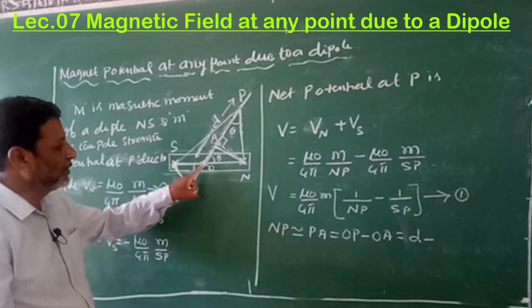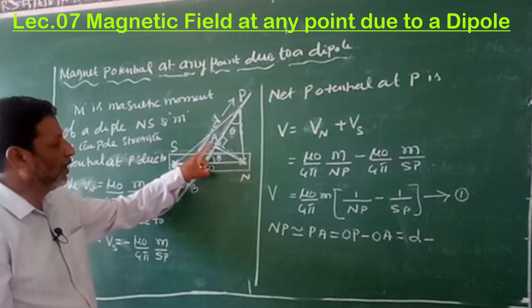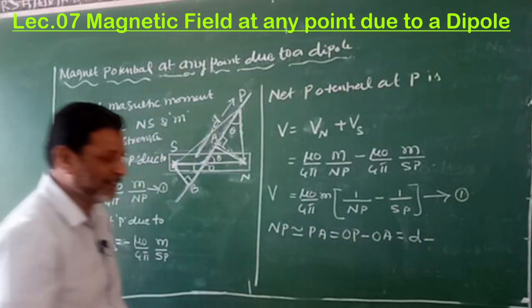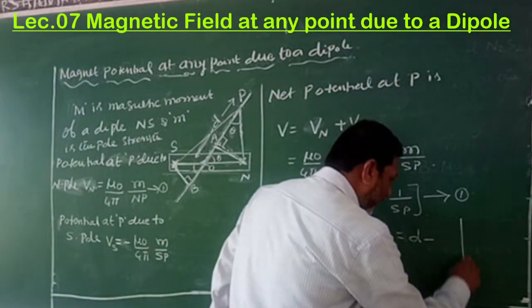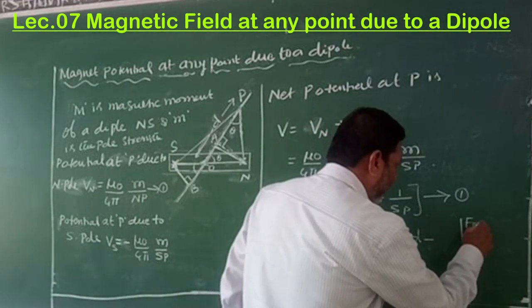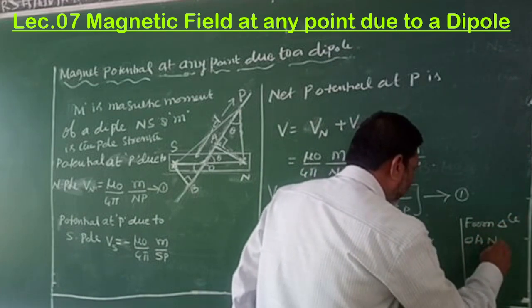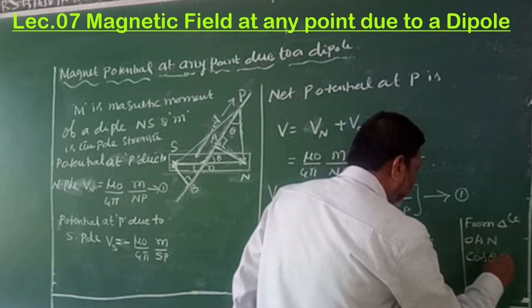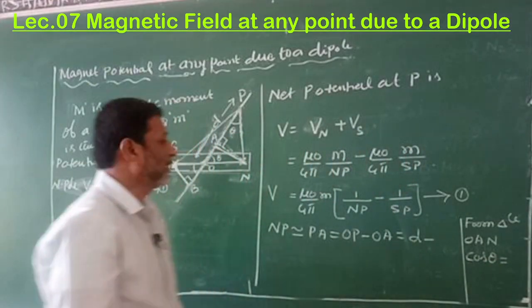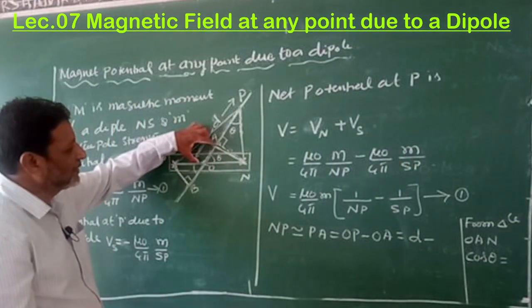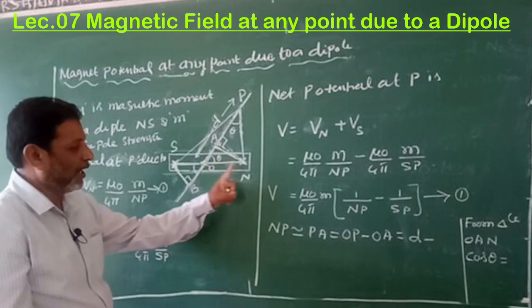Now see, looking at triangle OAN, let us make it clear. From triangle OAN, cos theta is equal to adjacent side divided by hypotenuse.